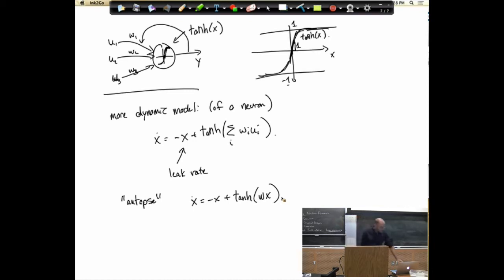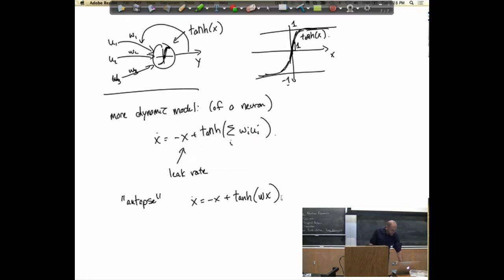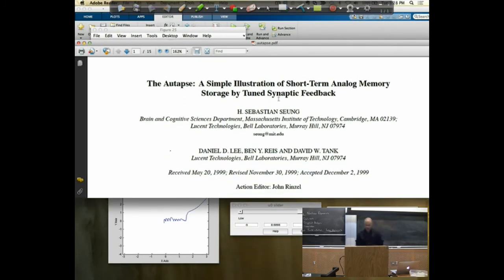Now it turns out this is a cool model because Sebastian was my advisor. He argued that this is one of the simplest illustrations of persistent memory, right?